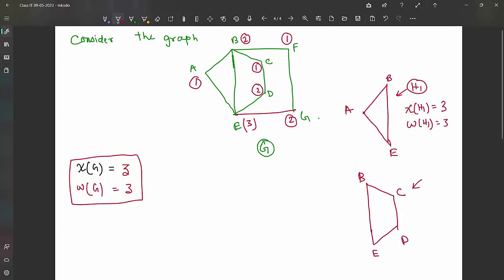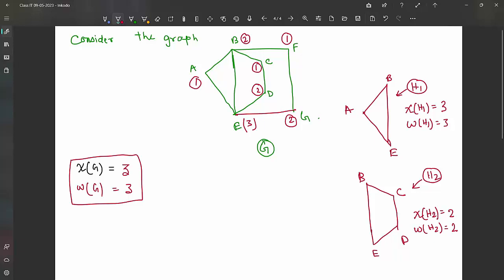Now if you take this as H2, what is chi of H2? 2. You can give 2 here and you have 1. That means the chromatic number is 2, and here the clique number of H2 is also 2.